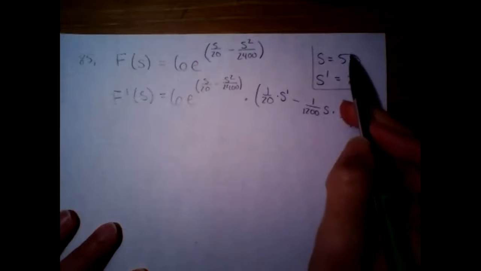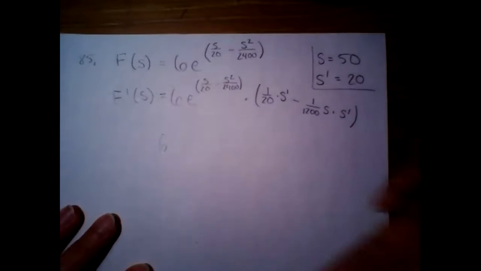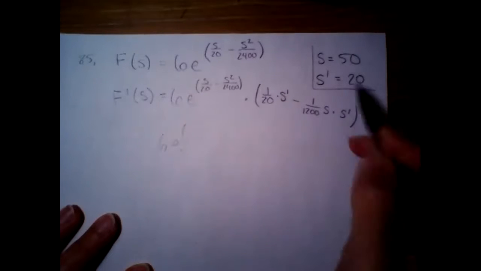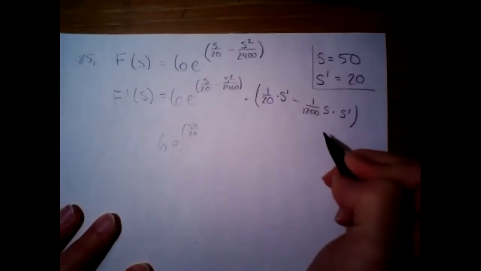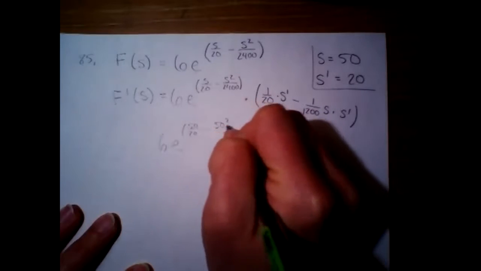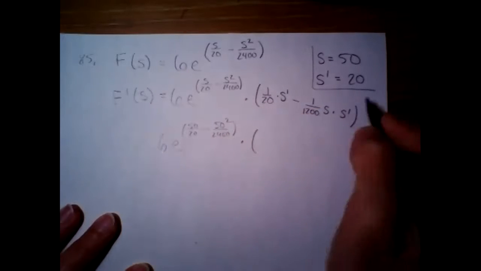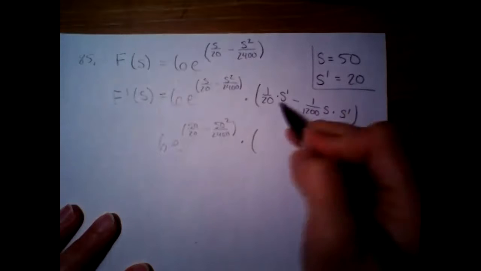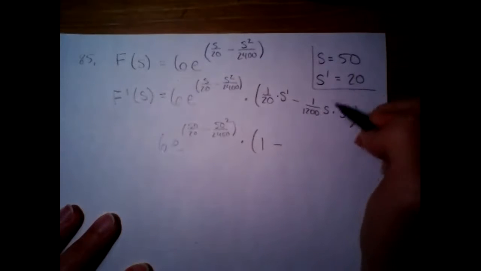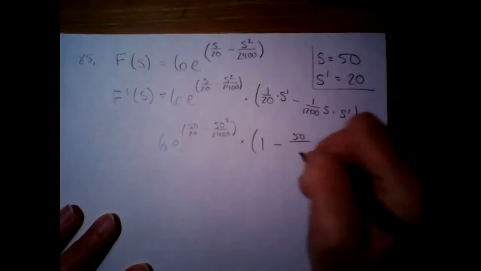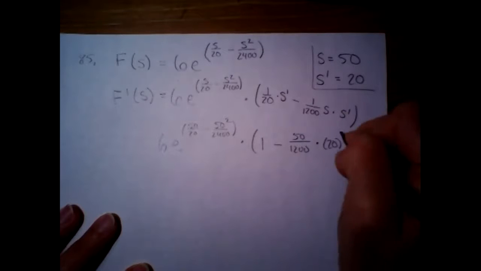And so we're going to plug in 50 for S and 20 for S prime. So this is going to be, again, really awful. So 6e to the power 50 over 20 minus 50 squared over 2400 times 1/20th times 20 would just be 1, minus S is 50, so 50 over 1200 times 20.